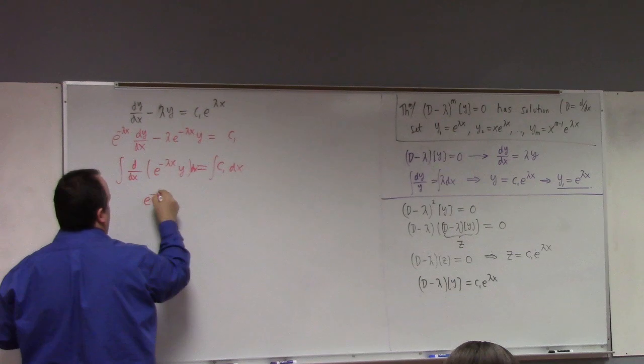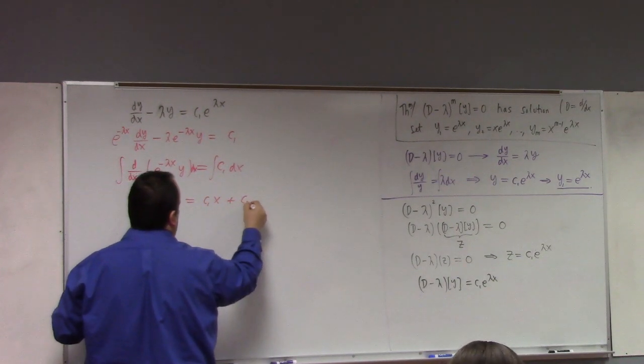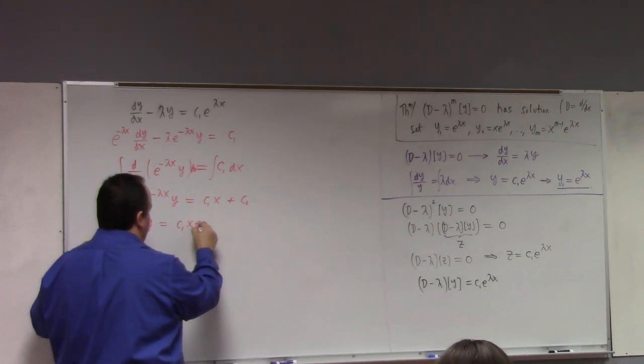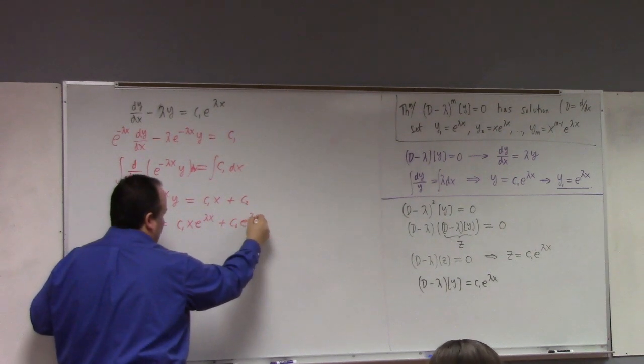We get, so apparently y is c1 x e to the lambda x plus c2 e to the lambda x.